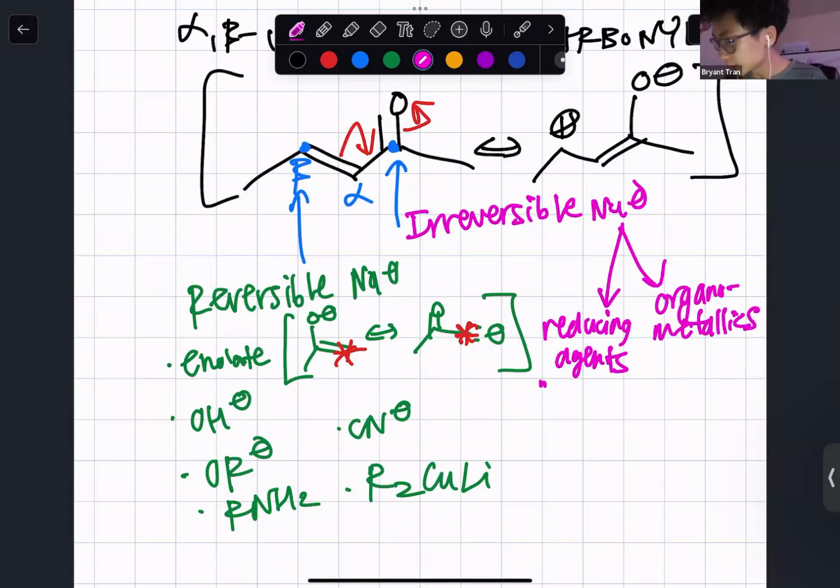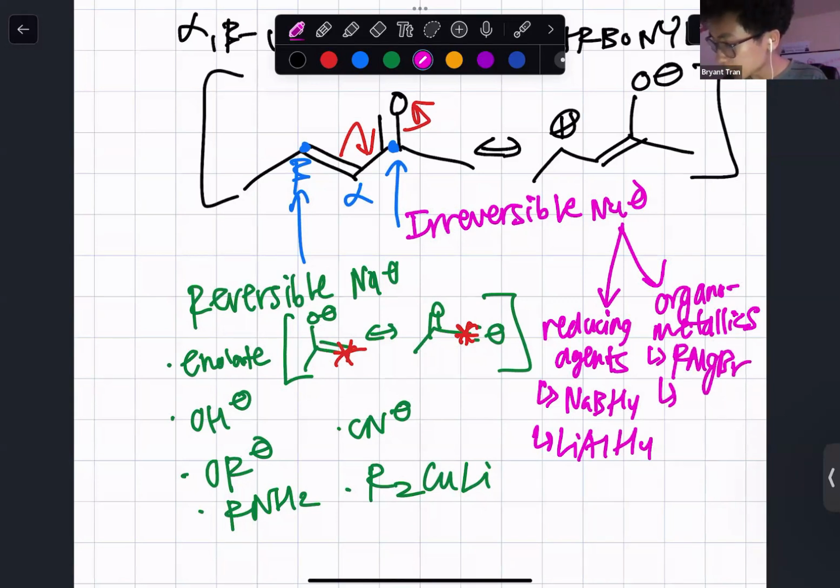There are two types of reducing agents that you know, NaBH4 and LiAlH4. There are two organometallic reagents you know, Grignard reagent, RMgBr, and organolithium, RLi. And you will usually see this with acid workup as well, like second step H3O+.